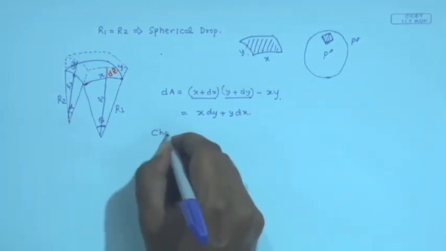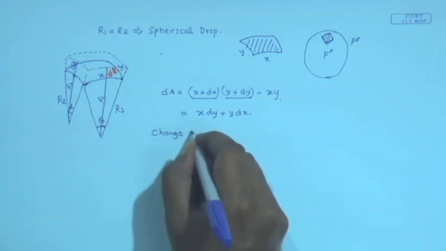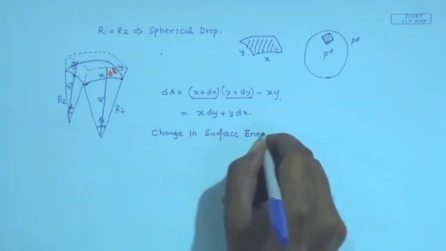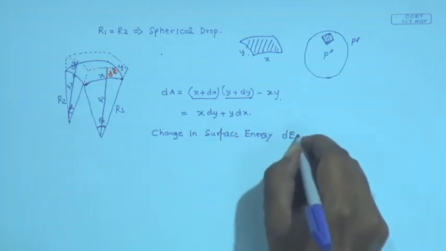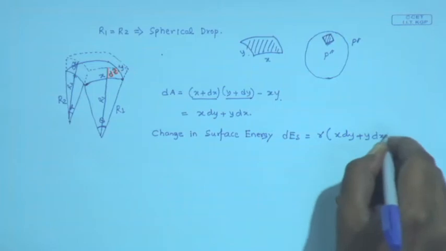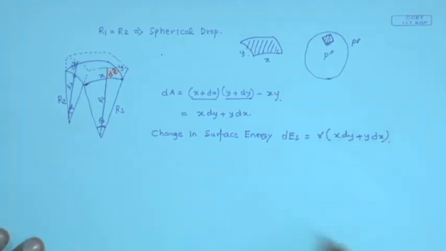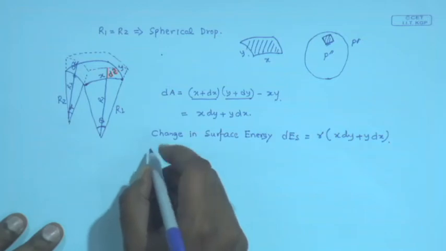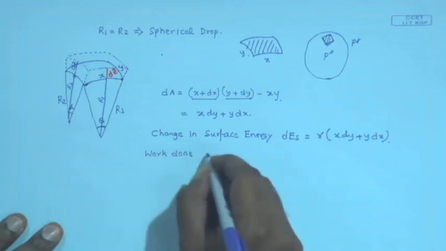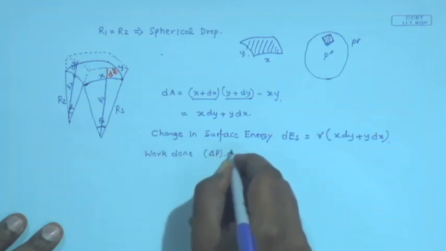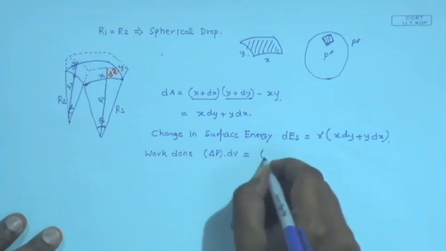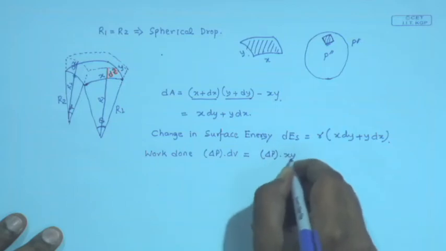Therefore, the change in the surface energy is gamma times, and the work done is delta p into dv, and which is in fact delta p into xy dz.